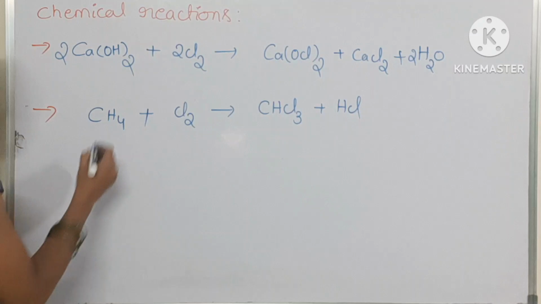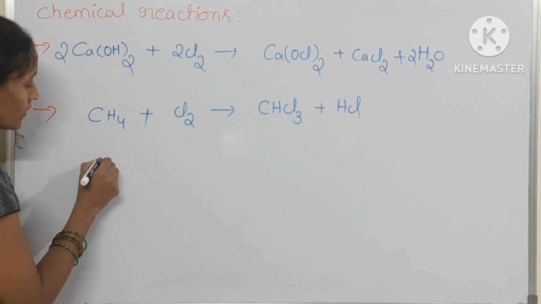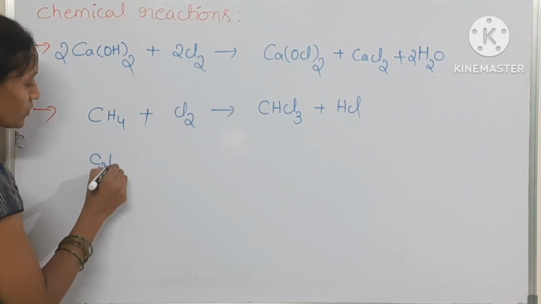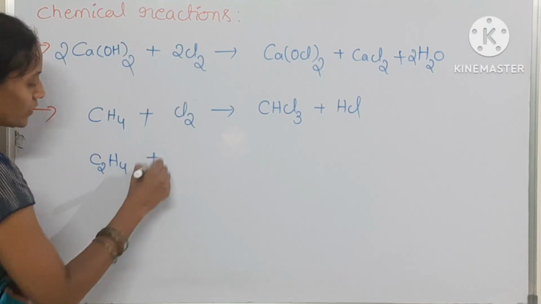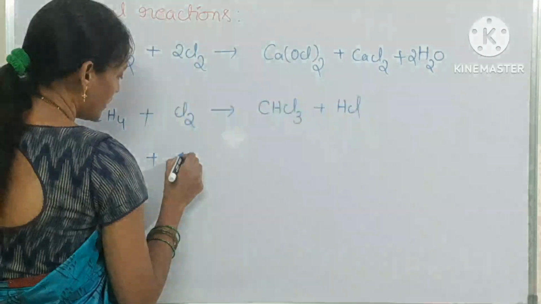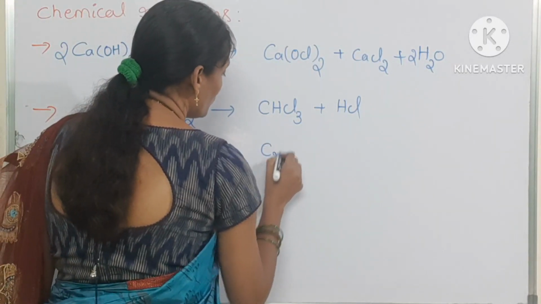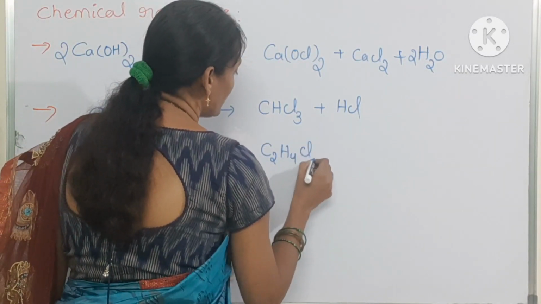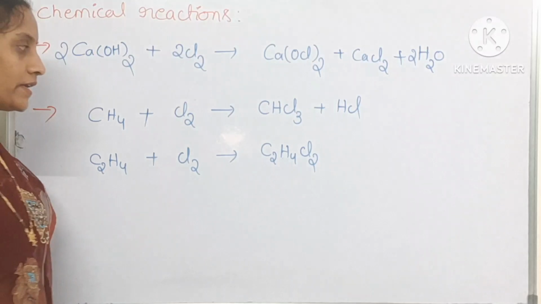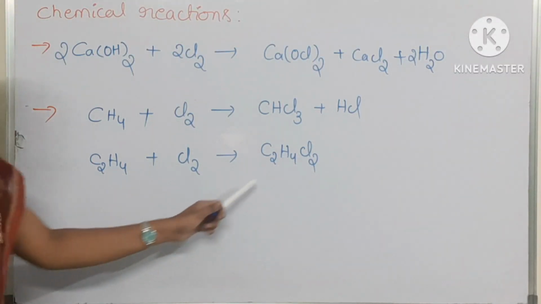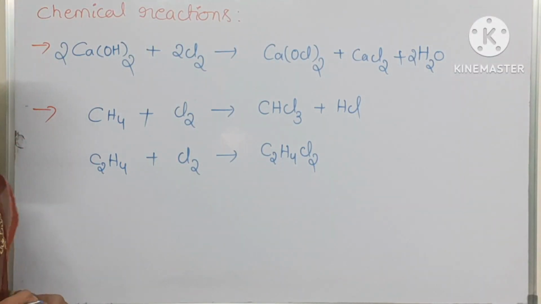And the next reaction is C2H4, ethene. Chlorine reacts with ethene. It will form C2H4Cl2, 1,2-dichloroethane.